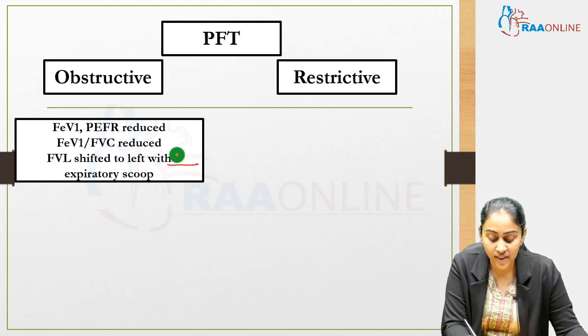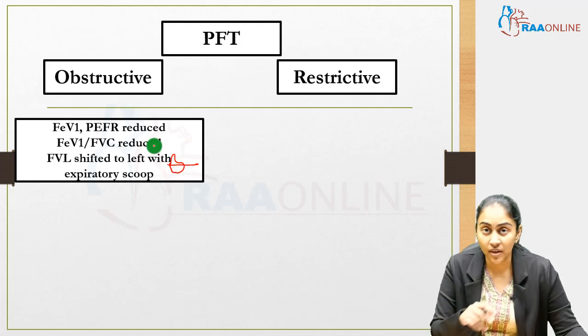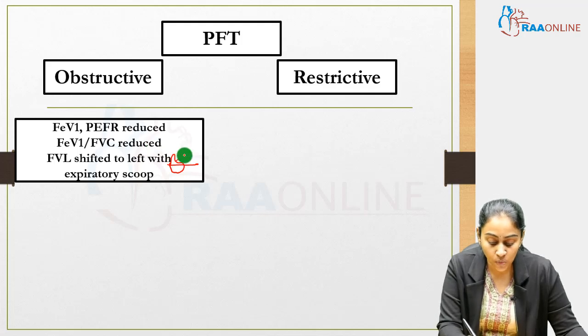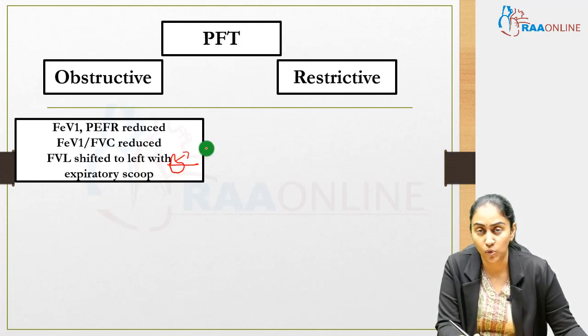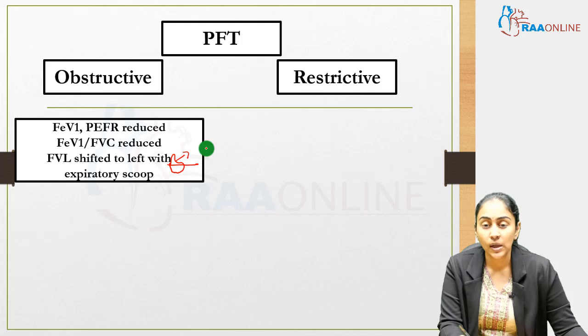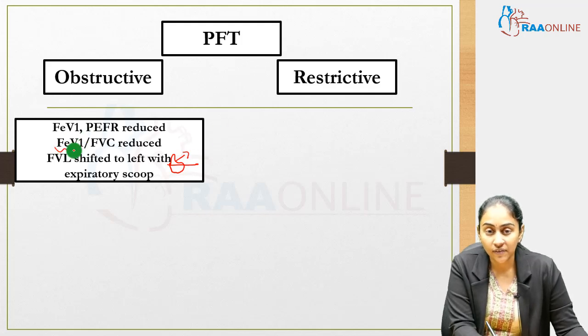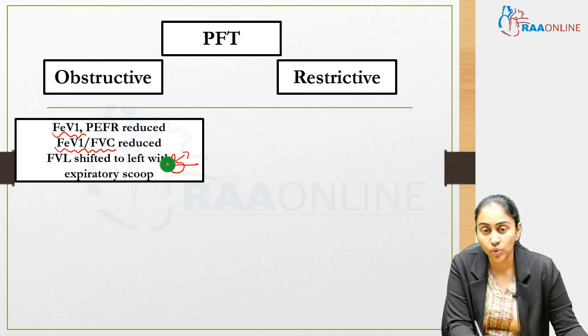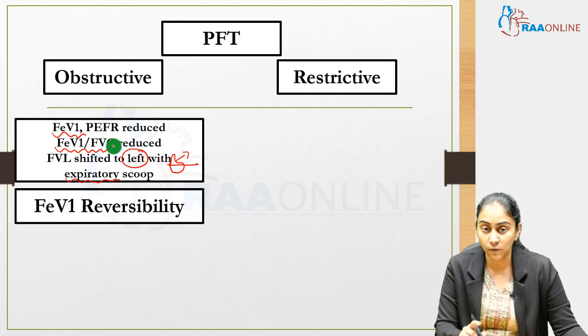On top is the expiration. So there is this expiratory scoop and the inspiratory loop is normal, but there is scooping in the expiratory flow volume loop. This picture, with reduced FEV1, PEFR and FEV1 FVC ratio, and the loop shifted to the left with an expiratory scoop, goes in favor of an obstructive pattern.